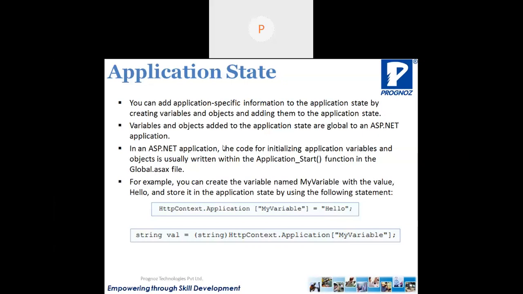So the variables and objects added to the application state are global to an ASP.NET application. And if you have noticed, whenever we create any ASP.NET MVC application, the global.asax file is already available, so you don't have to explicitly add that global application file.